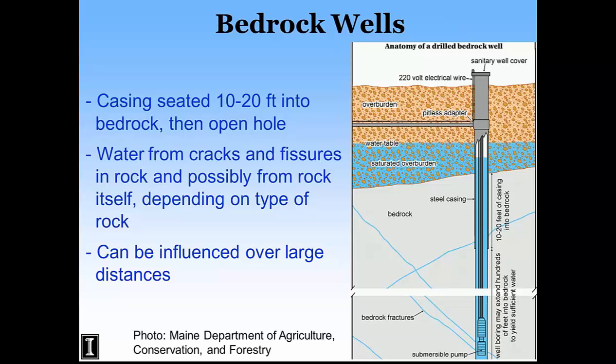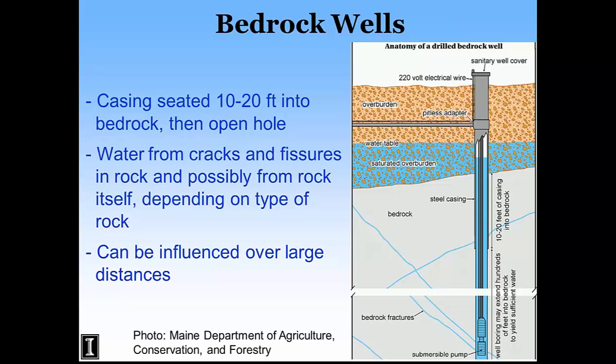There are cases where a farmer or a landowner may try to line up his well with two others he knows that get a lot of water from a certain fracture, even maybe a mile away, because if they can hit that fracture, they're going to have plenty of water. If they miss it, they may only have one gallon a minute or some very minimal water supply. So it can be hit or miss depending on what's going on.